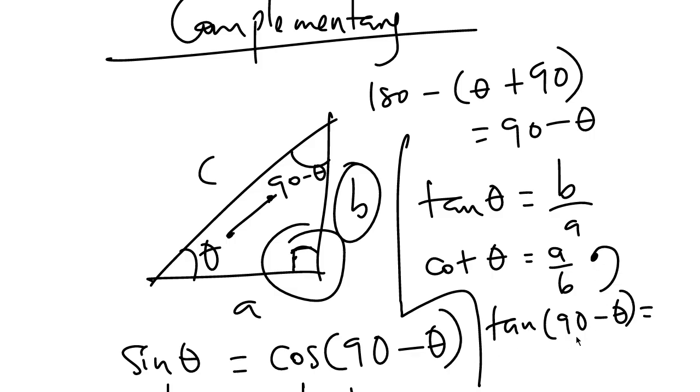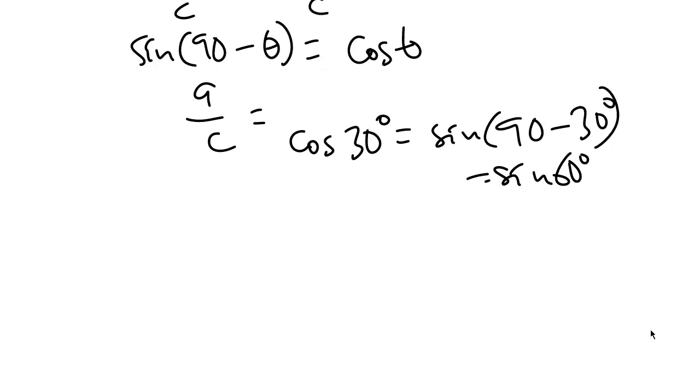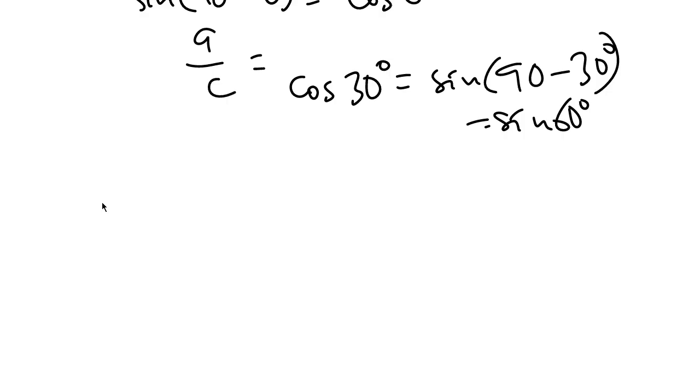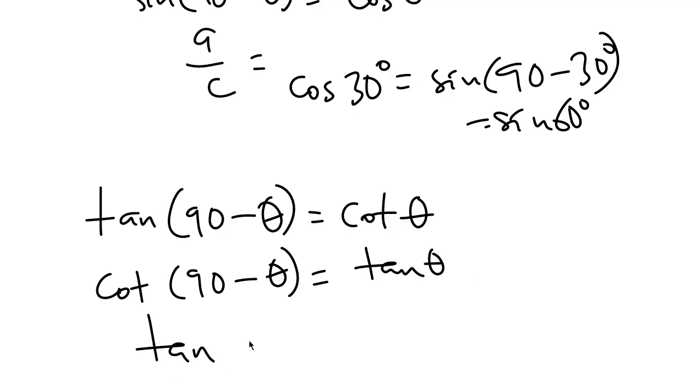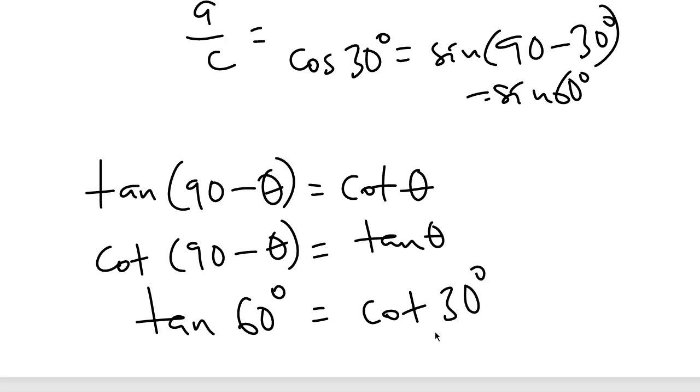If we should get what tan 90 minus theta is, what side of the triangle is opposite to 90 minus theta? It's A, right? And then what side is adjacent to 90 minus theta? It's B. So this is another set of complementary angles. So you could also say that tan 90 minus theta is equal to cot theta, or you could say that cot 90 minus theta is equal to tan theta. So with that, we have tan 60 degrees is the same as cot 30 degrees, right?